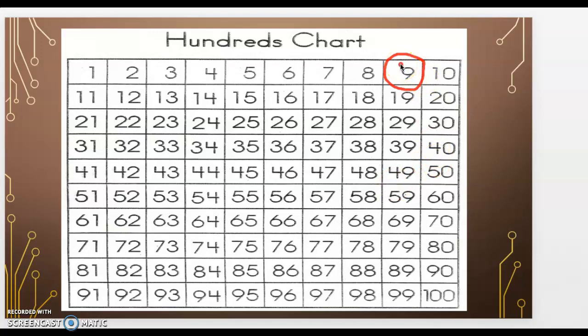Now we're going to count 9 to find the next multiple. 1, 2, 3, 4, 5, 6, 7, 8, 9. What number did I land on, friends? 18. Awesome job. I'm going to keep going. 1, 2, 3, 4, 5, 6, 7, 8, 9.